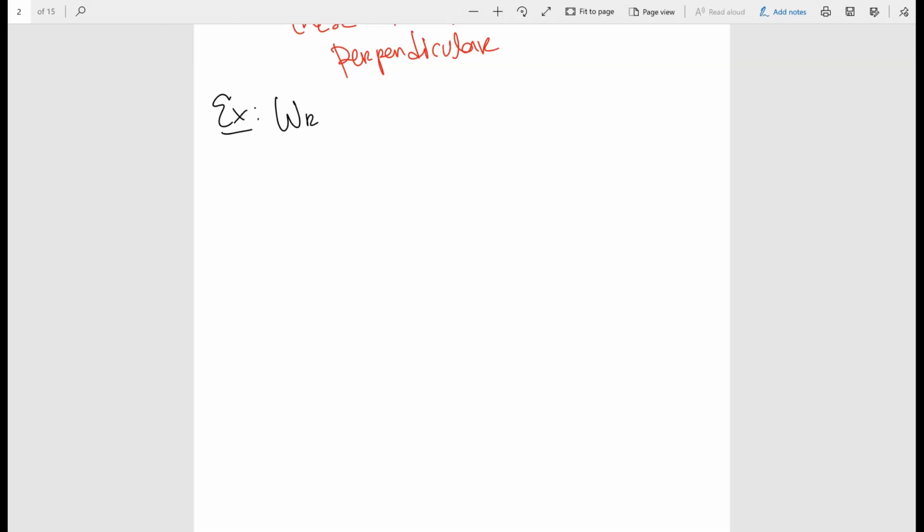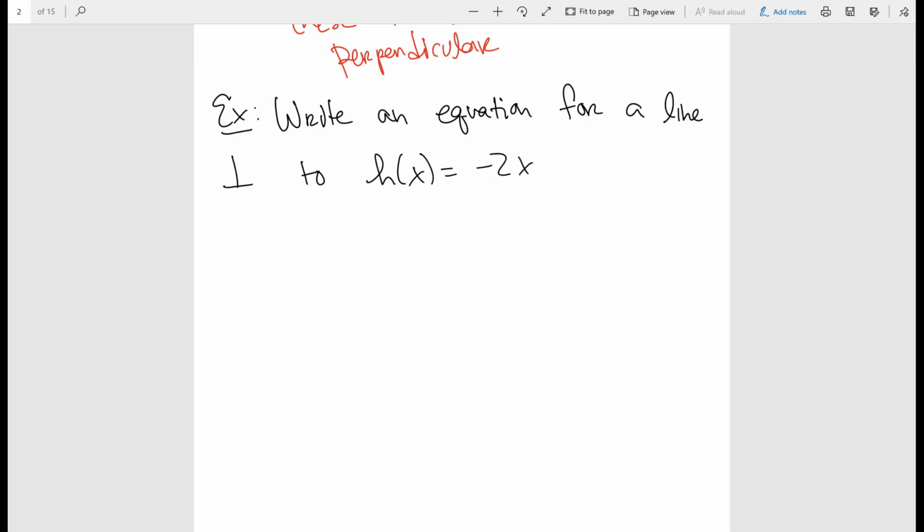So let's write an equation for a line perpendicular to h of x equals negative 2x plus 4 and passing through (-4, -1).